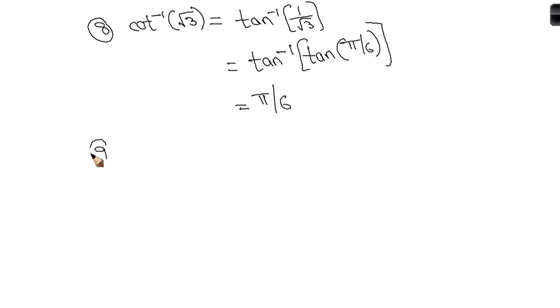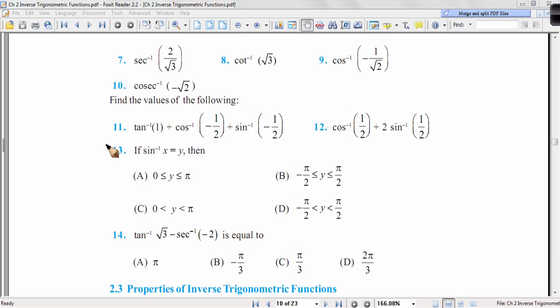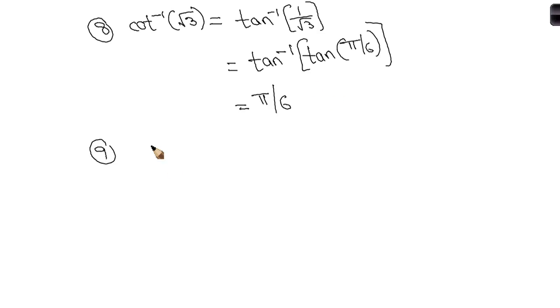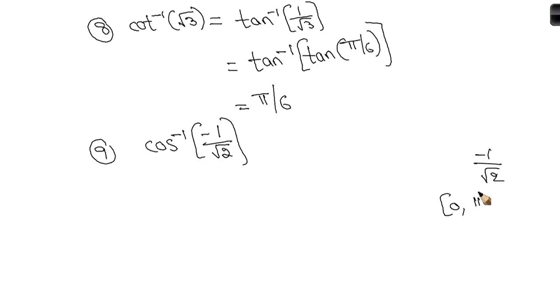So the ninth one, cos inverse of minus 1 by root 2. Cos becomes minus 1 by root 2 in the principal value range 0 to pi for cos 135 degrees, that means cos 3 pi by 4.